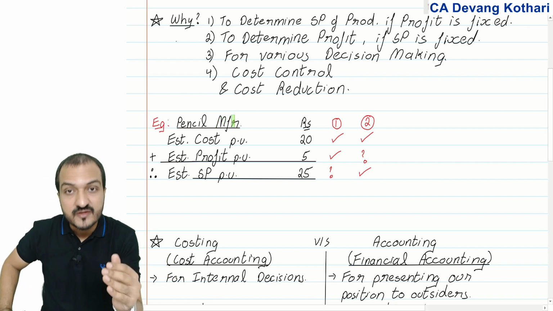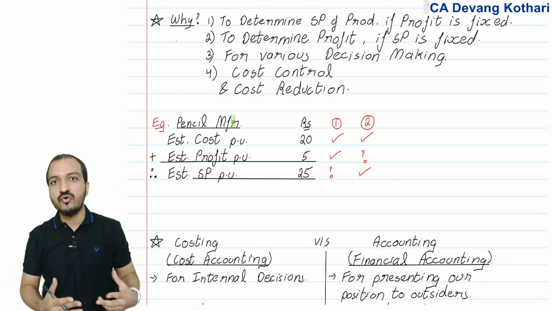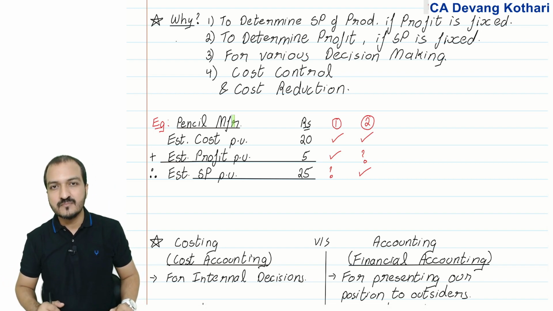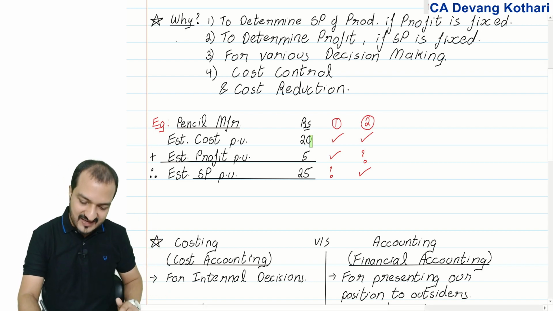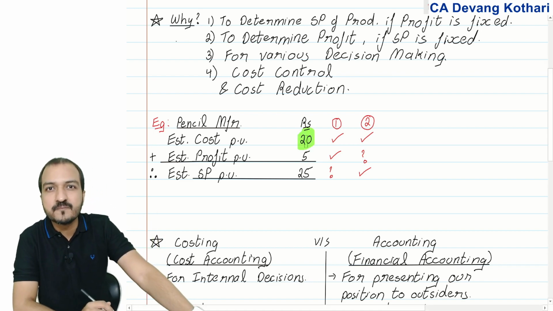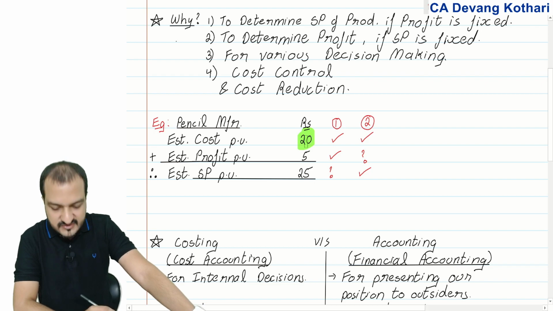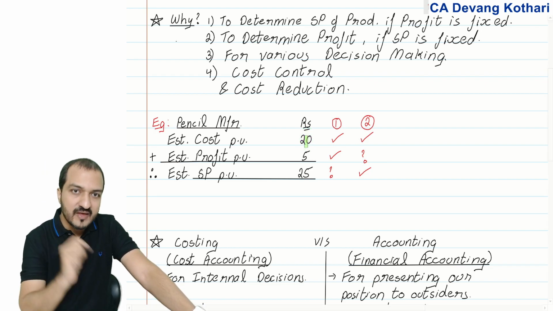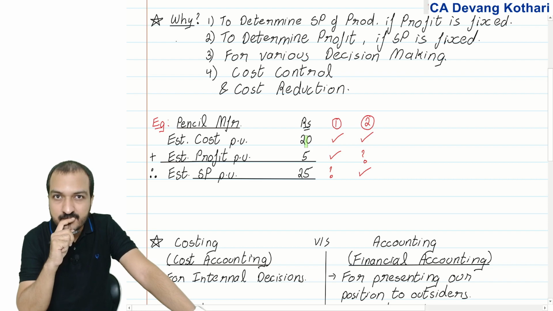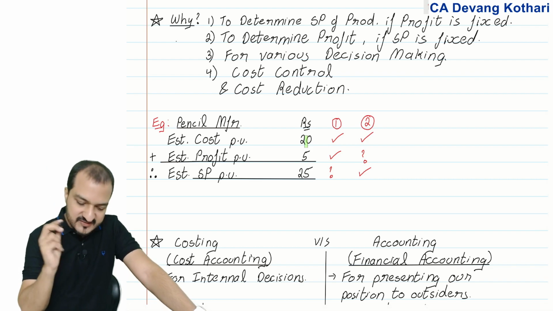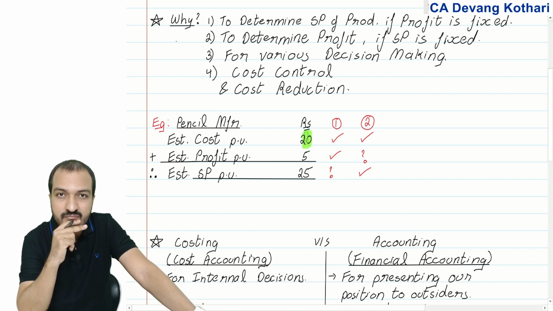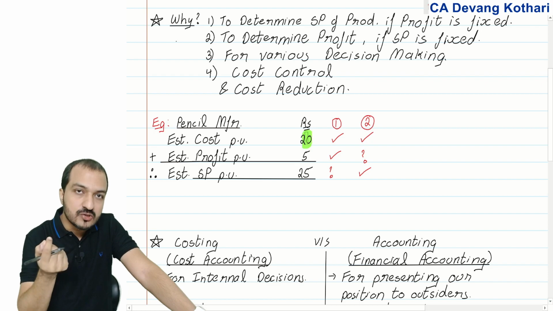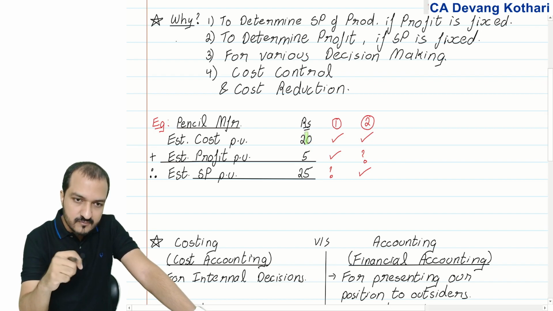Now, by the end of the year, when you get to know the actual cost, is it necessary that your actual cost is exactly as per the estimate? Not necessary, right? Say your estimated cost was 20. What if the actual turns out to be, say, 25?